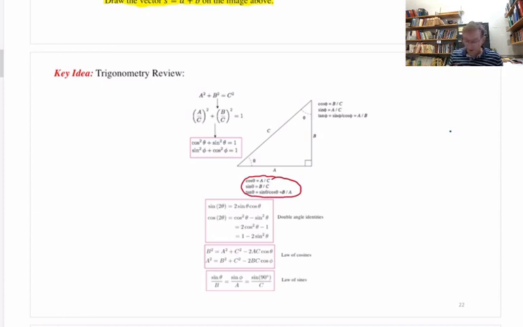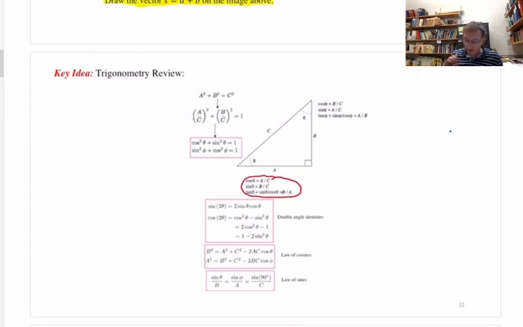Cosine theta, by definition, is, for this right triangle, the length of the side adjacent to theta divided by the length of the hypotenuse. Adjacent over hypotenuse. In this case, it's the length A over the length C. Sine theta, by definition, is the length of the side opposite to theta over the length of the hypotenuse, which means the length B divided by the length C.